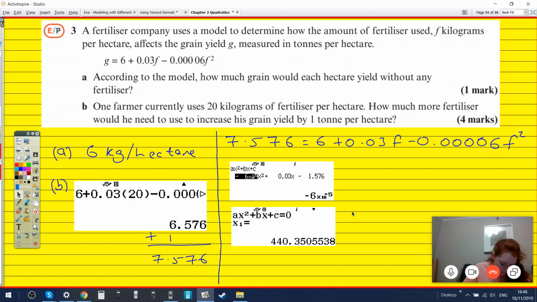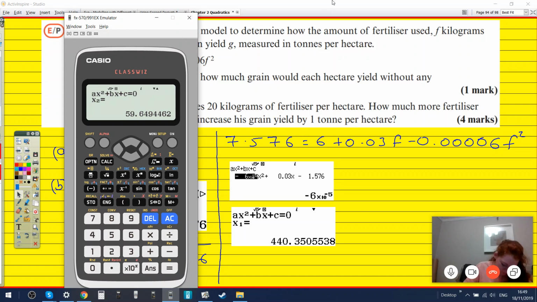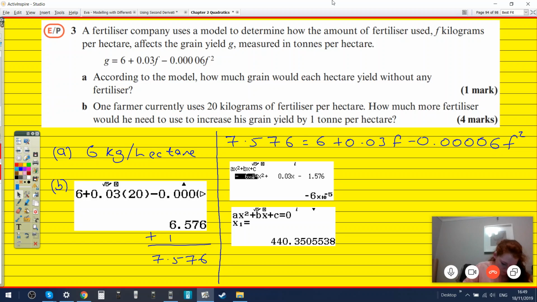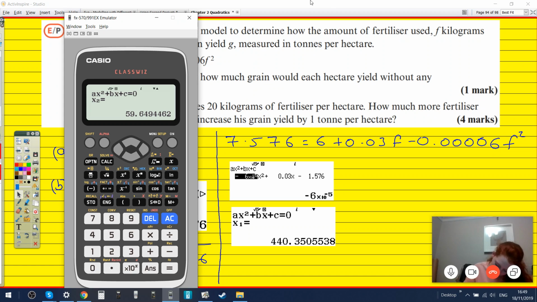Okay. I've got 440.35. Mm-hmm. 59.65. Great.